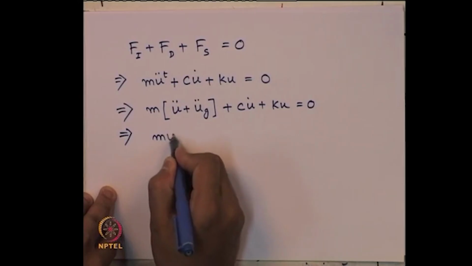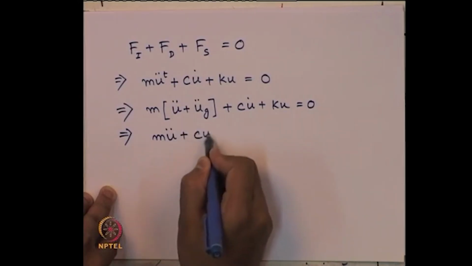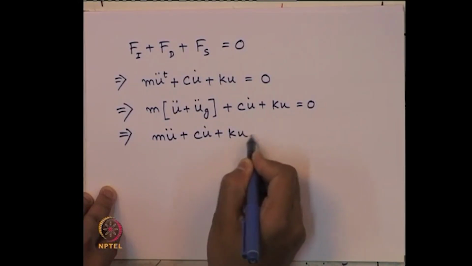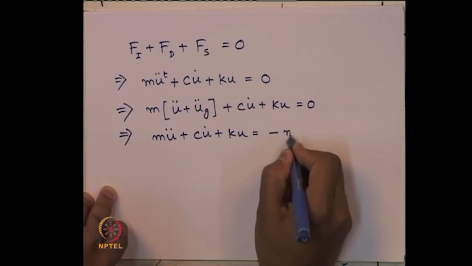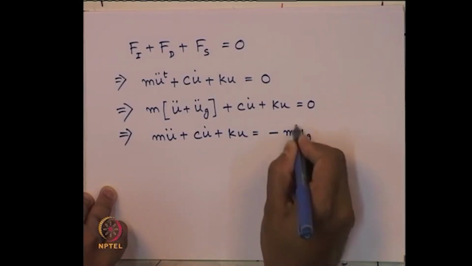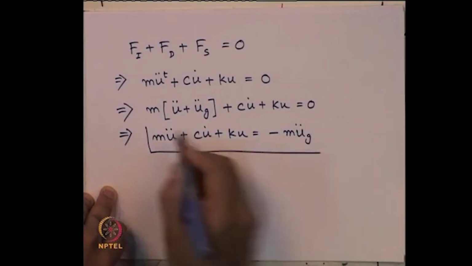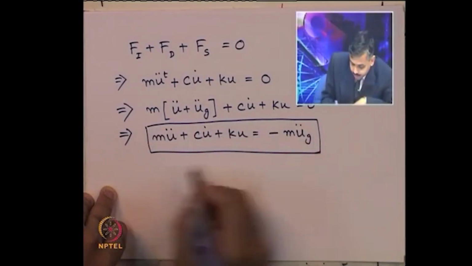So, m u double dot plus c u dot plus k u equals minus m u g double dot. That is the basic equation of motion.